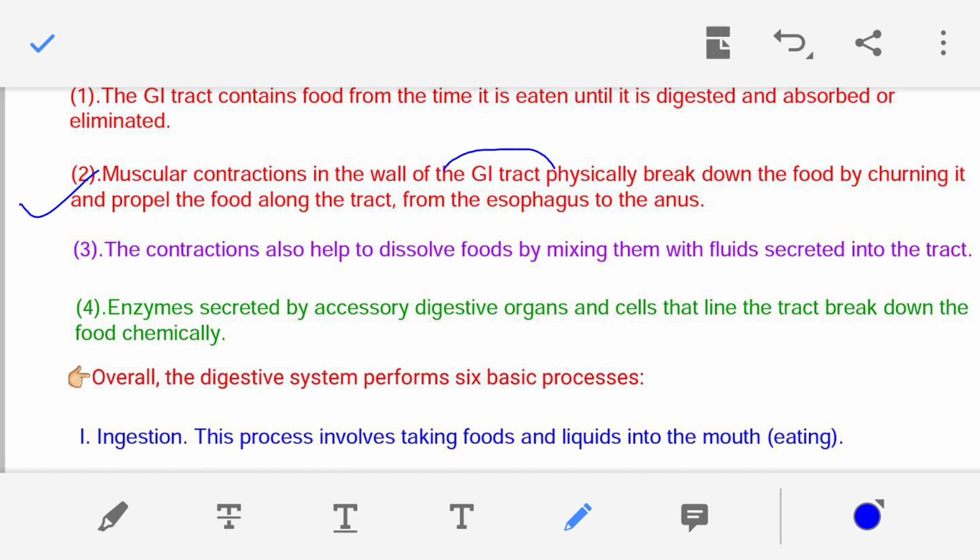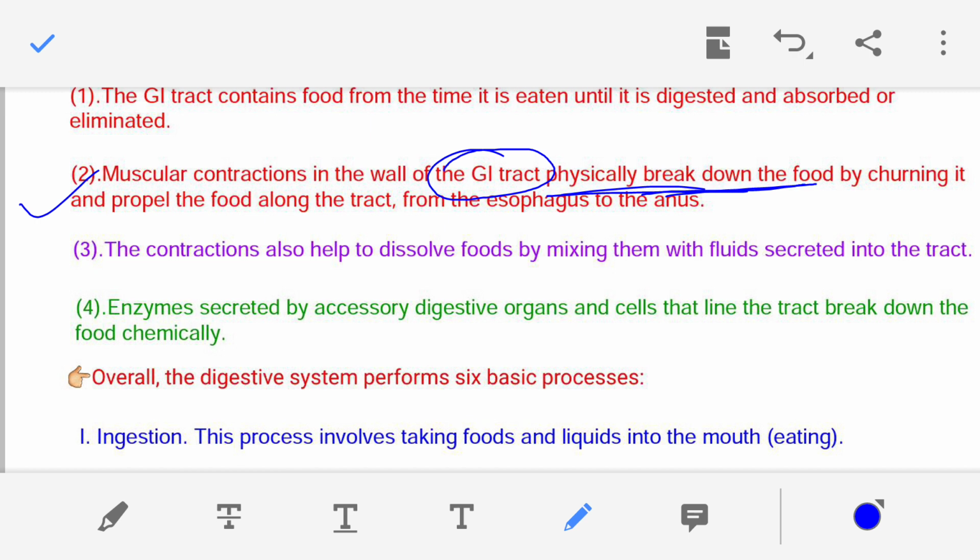Now this point, muscular contraction. The smooth muscle of the GI tract rhythmically contract and relax, and this contraction and relaxation of the GI tract muscle break down the food. This is known as the physical breakdown of the food.